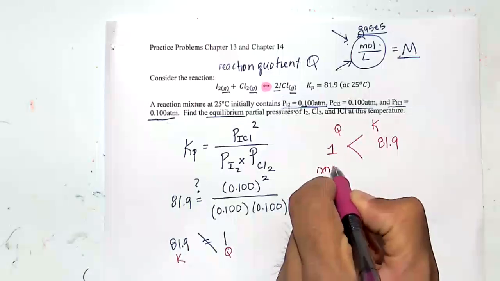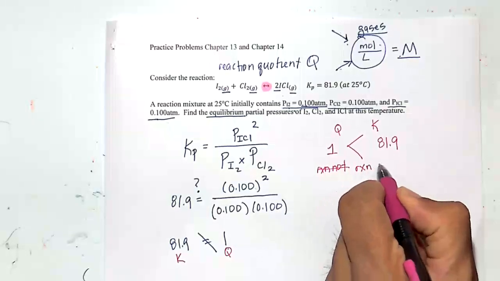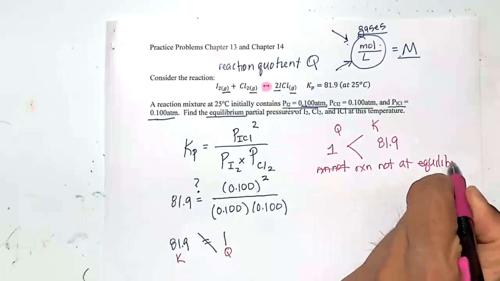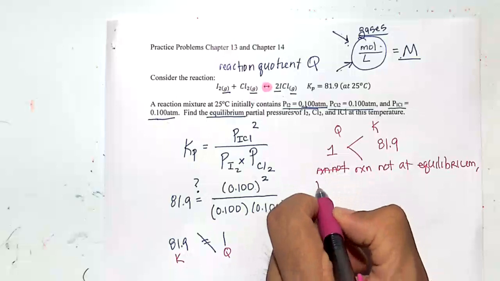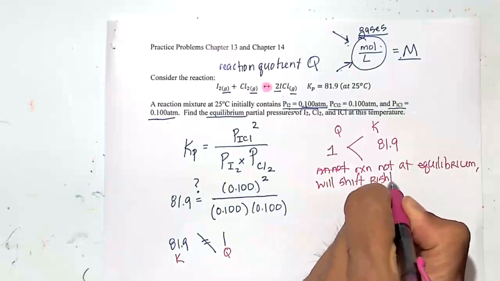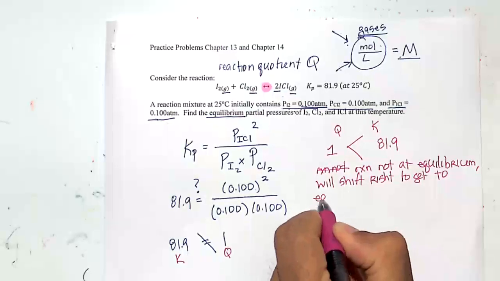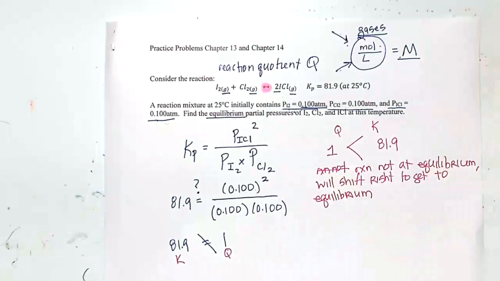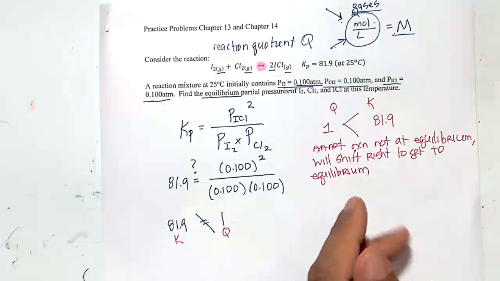Otherwise, this would equal 81.9. We'll shift right to get to equilibrium. This is the Gator rule, if you remember.